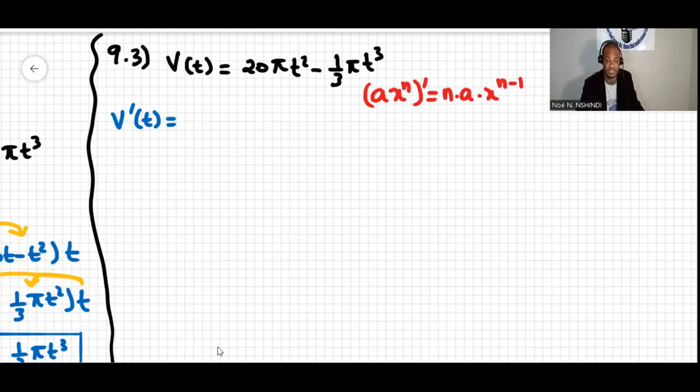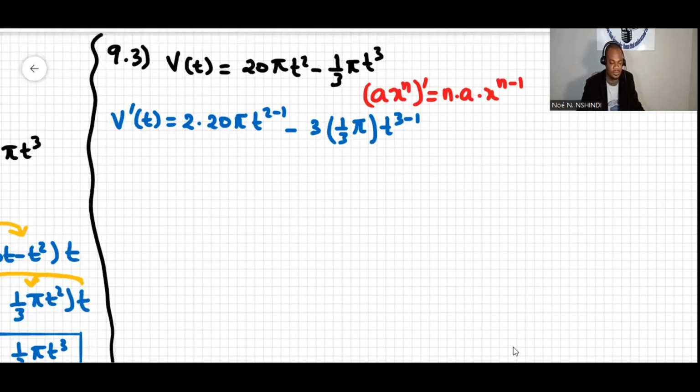Remember the variable here is t. The derivative: a is 20 pi, just a number, and the exponent n is 2, so it's 2 times 20 pi t to the power of 2 minus 1, minus 3 times a third pi t to the power of 3 minus 1.